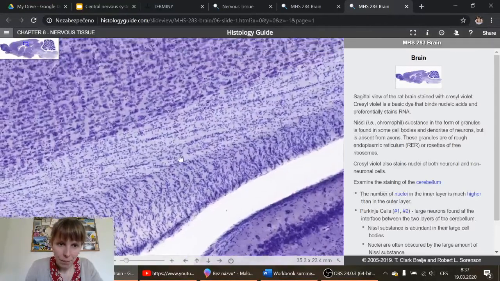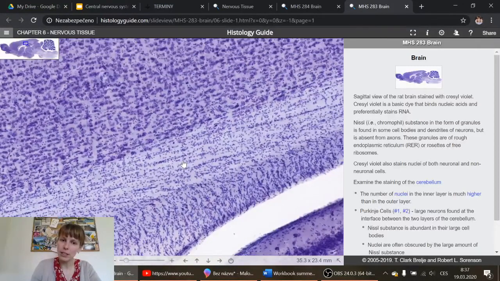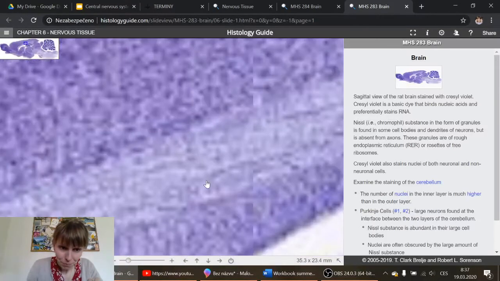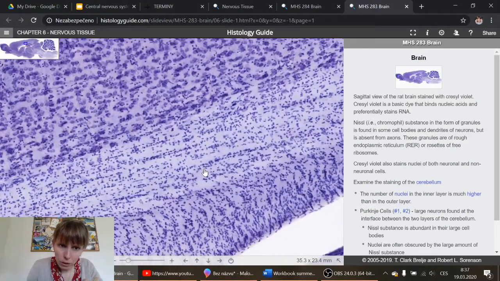In hematoxylin eosin the difference is not so big, but in the Nissl stain the white matter is actually quite white, so that's nice. When we get really close, you see that in the gray matter you have many neuronal cell bodies, big cells sitting everywhere around. That's the gray matter, and this part is the white matter.